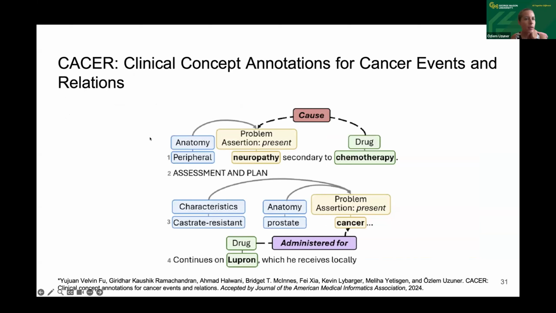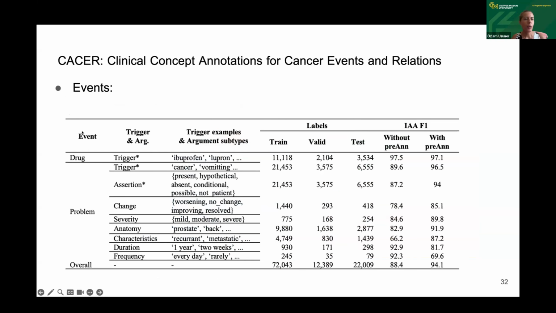I'll skip, in the interest of time, the rest of the detail, but we're trying to find medical problems and drugs with their attributes that define what happened, so whether the patient has it or not, if there's a change in the medical problem, severity, anatomy, duration, frequency, and anything else that is worth noting about the medical problem and how they relate to each other.